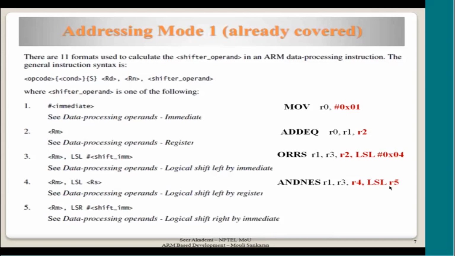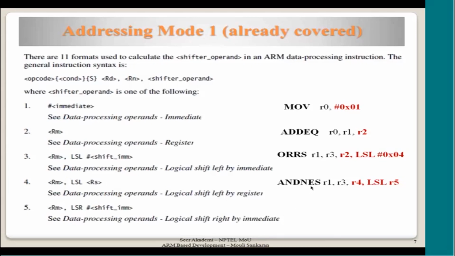That operation, logical shift left by how many bits, how many times, is given by the lower byte of the register mentioned here, which happens to be R5. So whatever is the lower byte in R5, that many times this logical shift left will be done on the content of R4, and that value is Boolean ANDed with R3, and the result is written into R1.